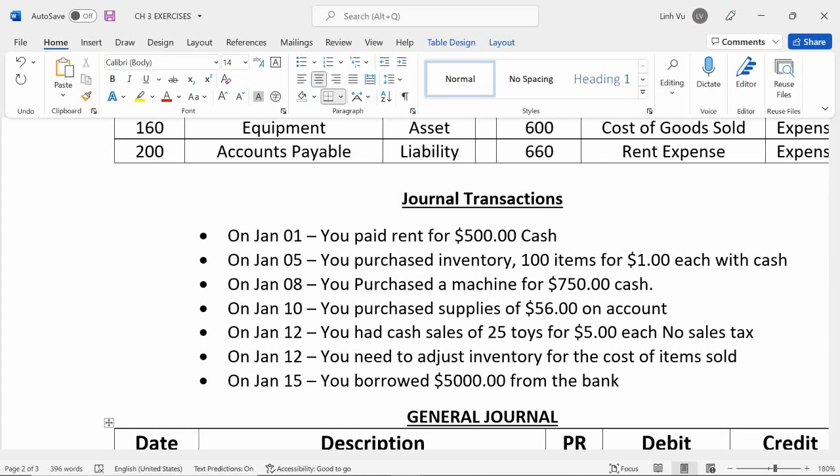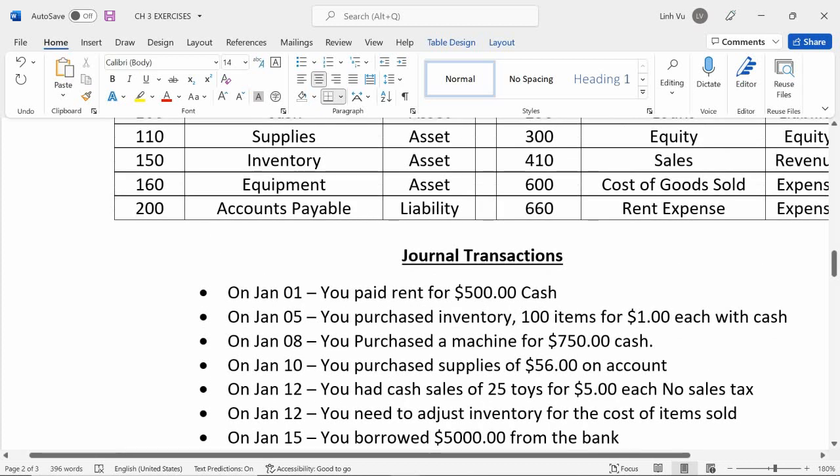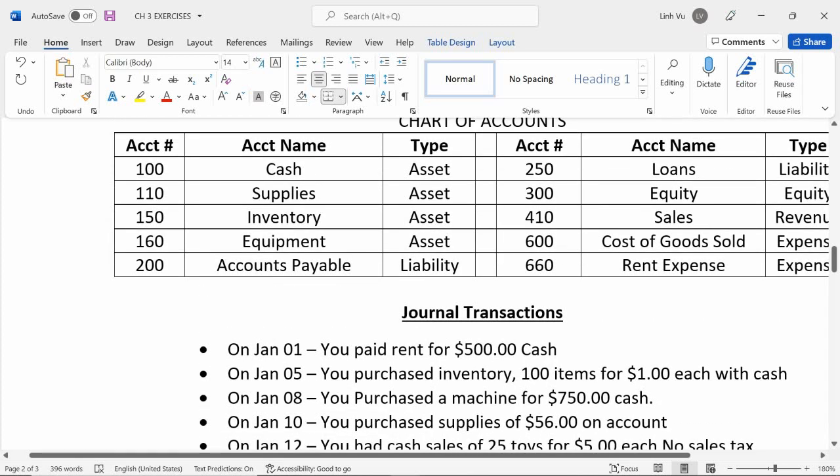Right now I have 100, but because I sold 25 of them, I need to adjust my inventory accordingly. But I also need to determine how much it cost me in order to sell those items.